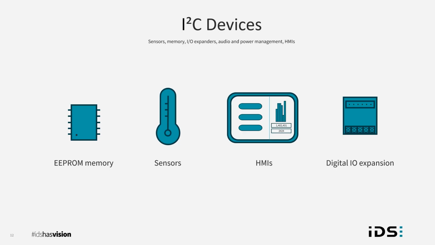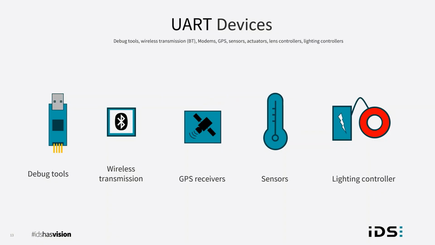Again, with embedded systems, small display devices or HMIs can be interfaced directly to the camera to transmit information to the display. And in systems that require more than the limited number of I/O lines available on a typical machine vision camera, these can be extended with I/O expansion boards. For devices using UART as an interface, there is some overlap with I2C, for example, sensors providing environmental feedback.